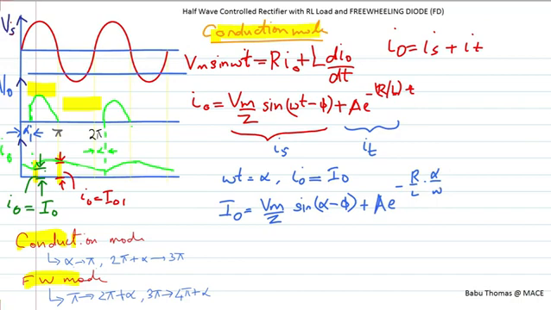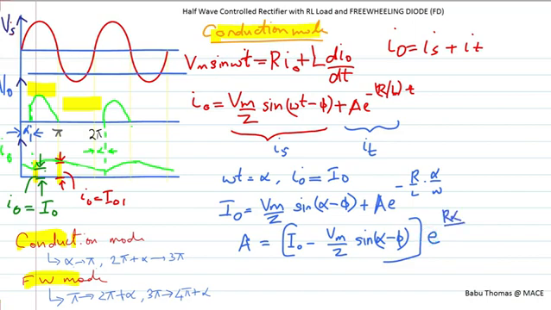From there you can find the value of A, which is equal to I naught minus Vm by Z into sin alpha minus phi, into e raised to R alpha by L omega.